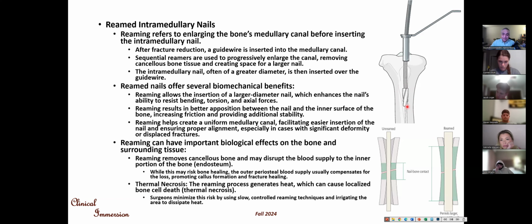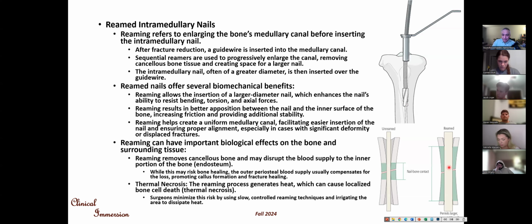But 7, 7.5, 8, 8.5. When we reach 8.5, we feel that we are reaming the first part of the cortical bone. It means we have reached here. So we can increase one to the next size, and that's it.